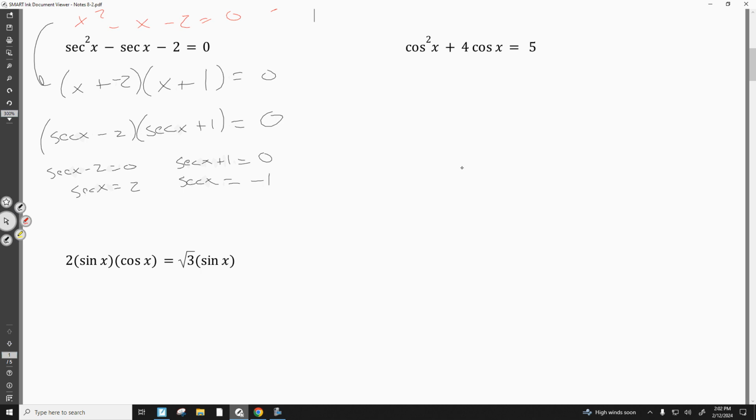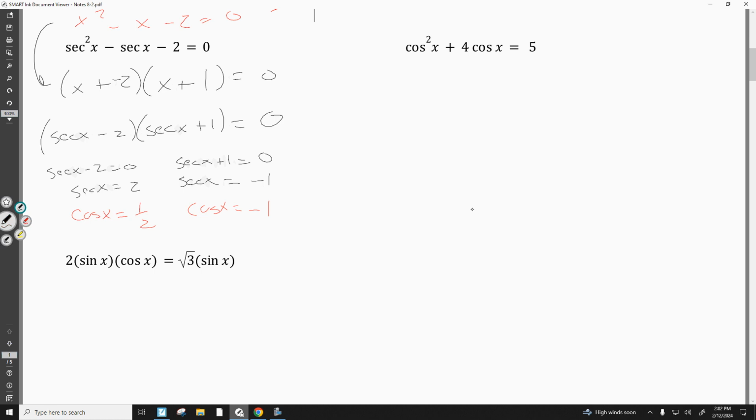We immediately take the reciprocal of both sides, and this is cos x equals positive 1/2. This is cos x equals negative 1. Oh, no, it's fine.